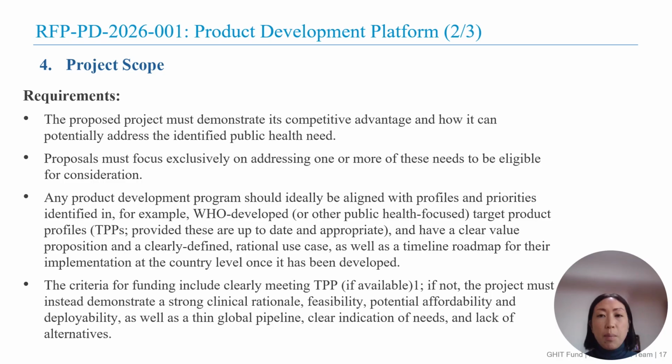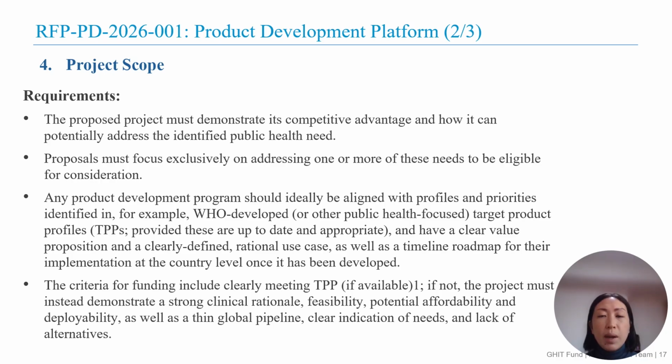These are the requirements unique to the product development platform. In addition to scientific merit, PD proposals must demonstrate clear public health relevance and impact. Your project should show advantages over existing technologies and align with global priorities. You should also describe a clear use case and a roadmap for implementation in real-world settings.